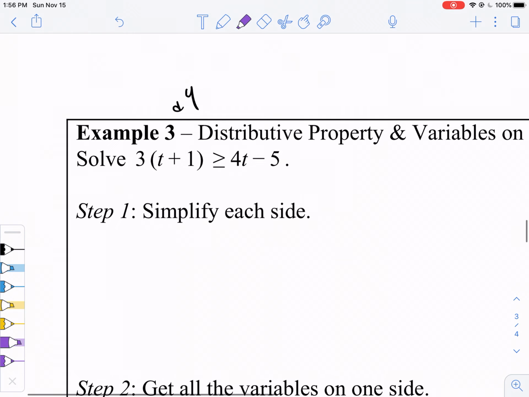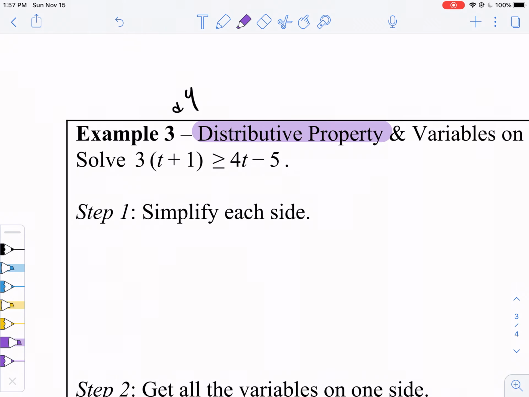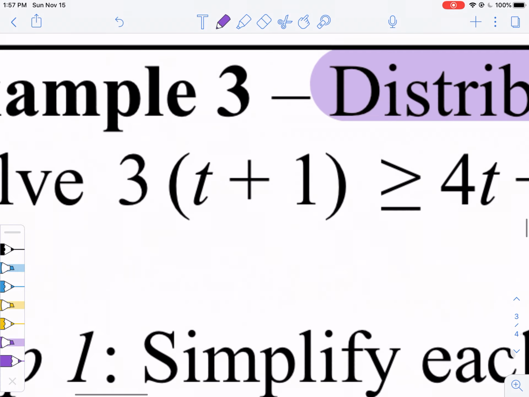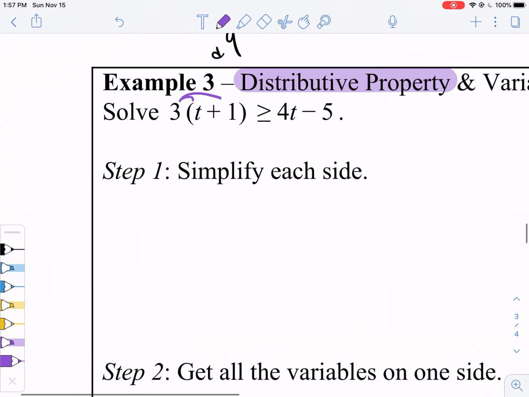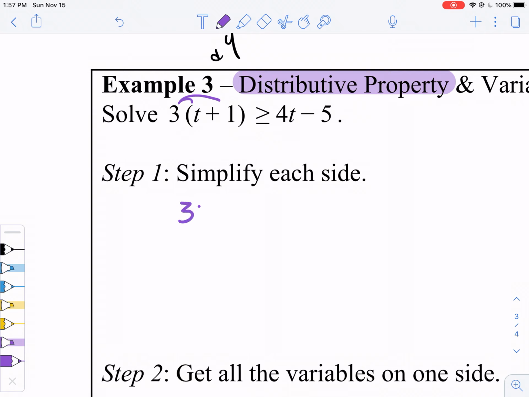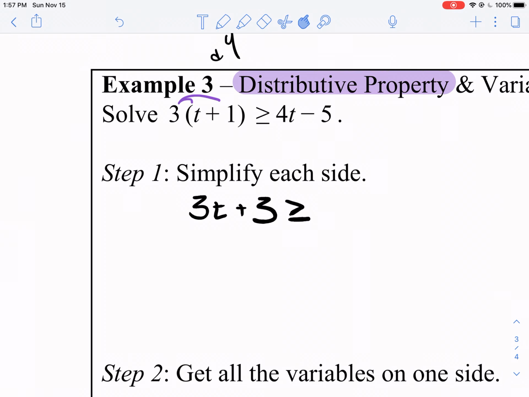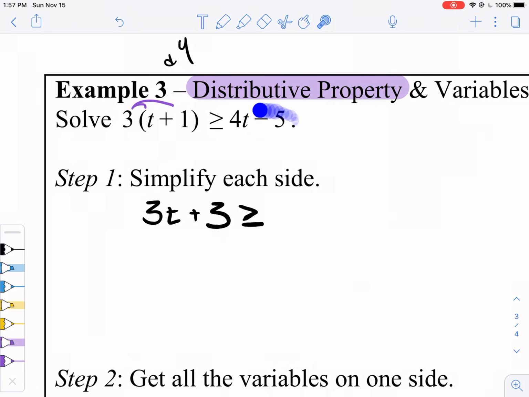So first, I'm going to use the distributive property to, wait for it, distribute the 3 to the t and the 1 in here. So it gives us 3t, oh dear, I wanted to use black. 3 times t plus 3 times 1 is 3. It's greater than or equal to 4t minus 5, which cannot be simplified, so we're going to leave it as 4t minus 5.